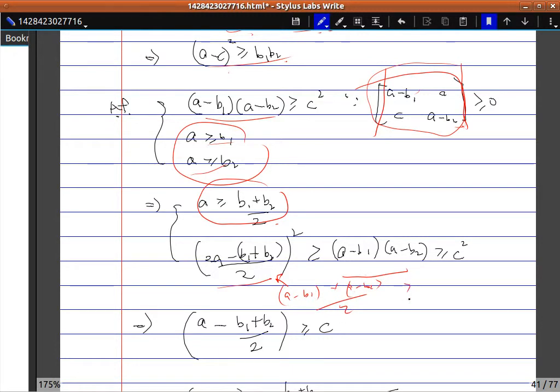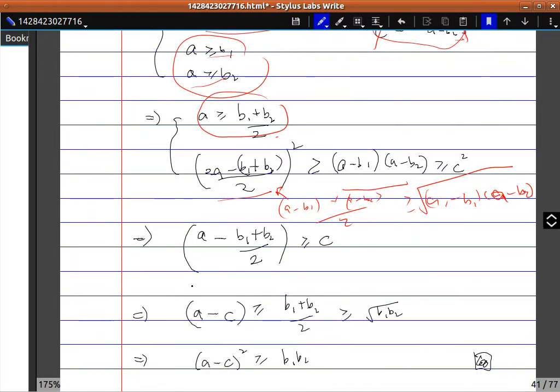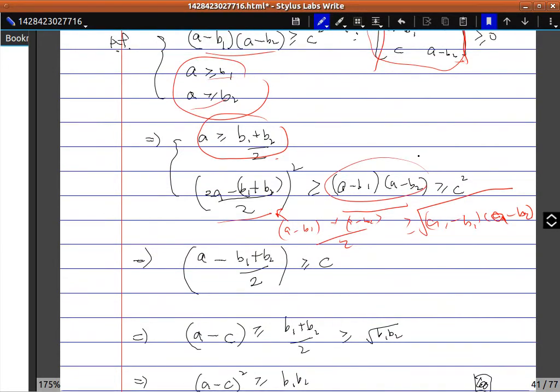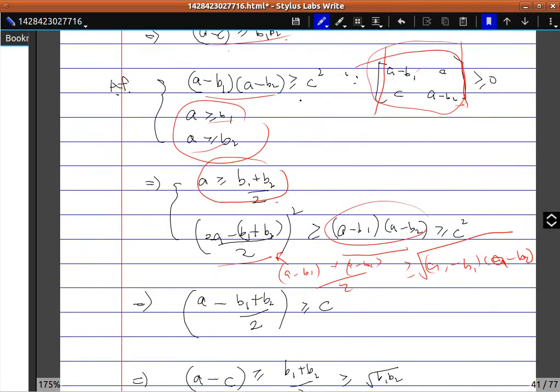This is bigger than or equal to the square root of (A minus B1)(A minus B2). So I can square both sides, therefore I have this here. So this is bigger than or equal to this, and of course I have another equation here, that this is bigger than or equal to C squared.